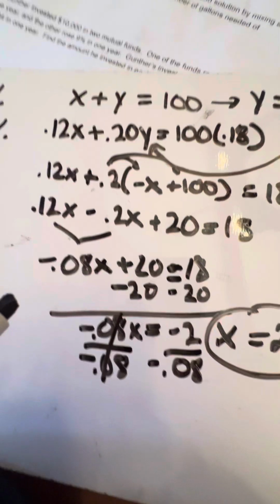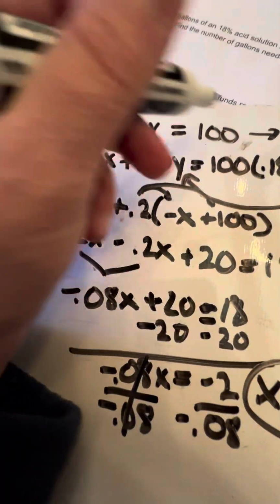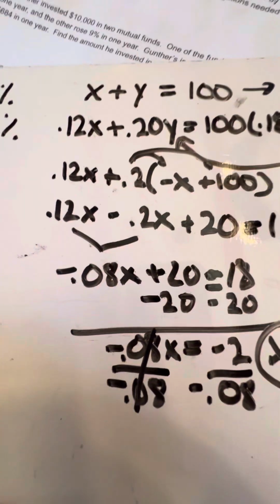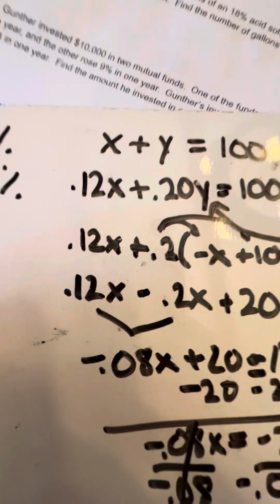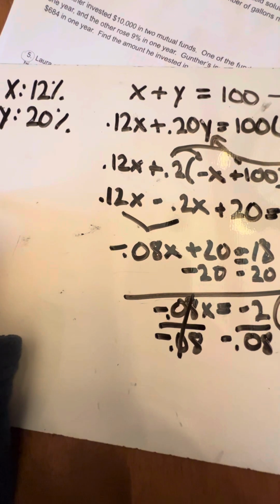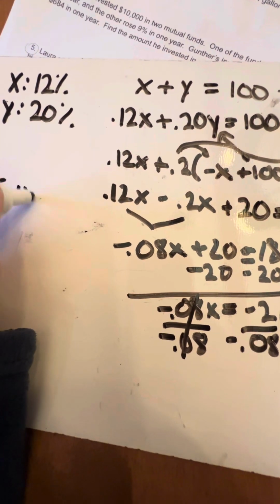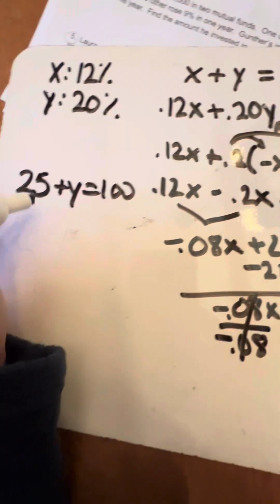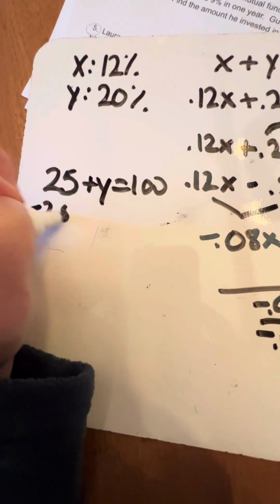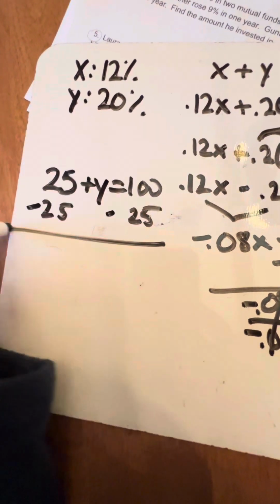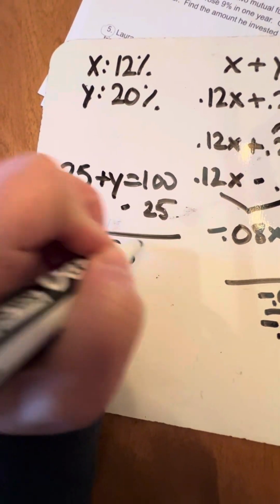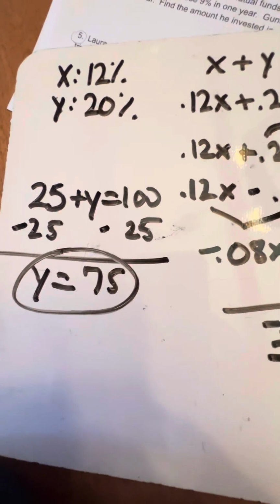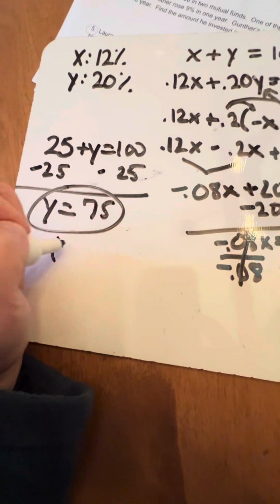And now I'm going to go back up here because this is the easier equation of the two to solve. So x is going to be substituted in for the 25 that we found, plus y, which is equal to 100. And we're going to do our normal stuff here. Minus 25 on both sides, leaving me with a y value of 75. So in my answer statement, I should be writing this as a set of coordinates.